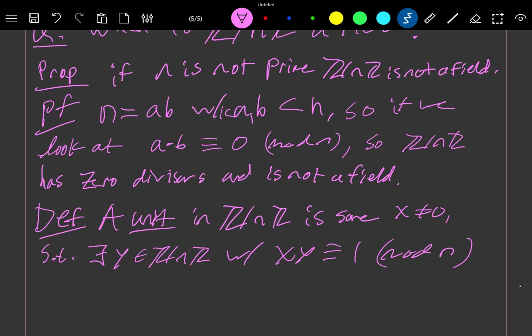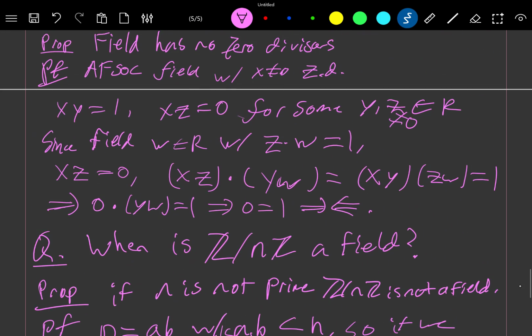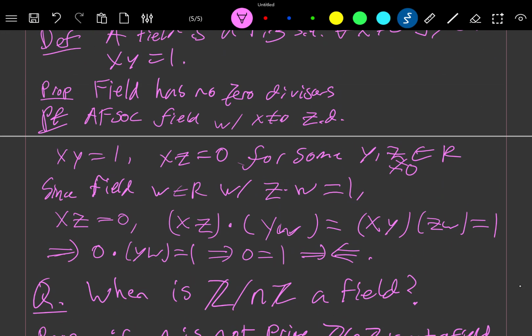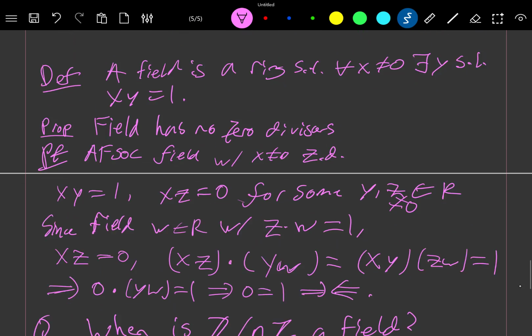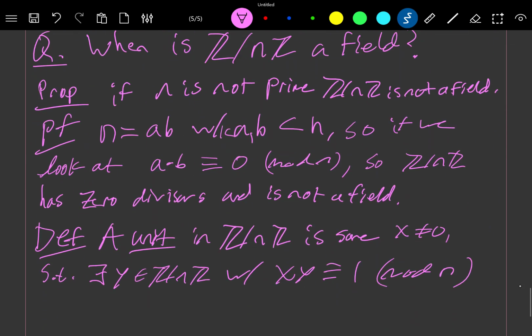If we can figure out what the units are, that's a good criterion, because the definition of a field is a ring such that every non-zero element is a unit.